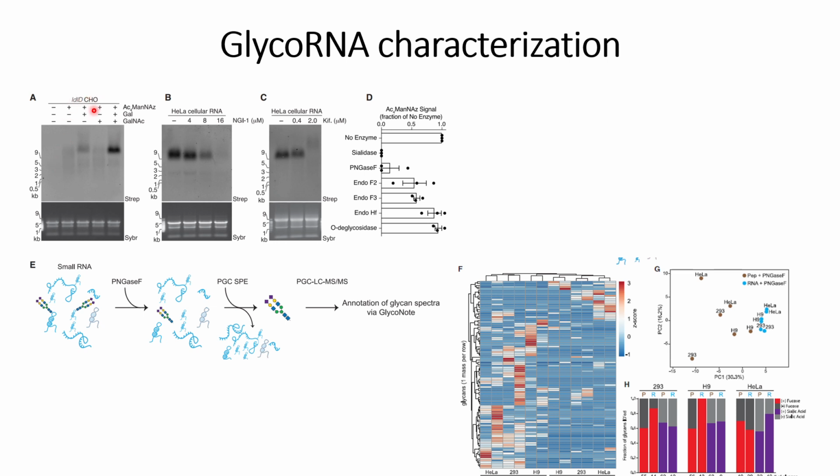So they first check whether there is a decrease in GlycoRNA in this kind of mutant cell line or not. If there is a decrease, then it will show that GlycoRNA is processed in a similar way to N and O glycosylation. What they find is that in the absence of both galactose and GalNAc, there is almost nil formation of GlycoRNA.